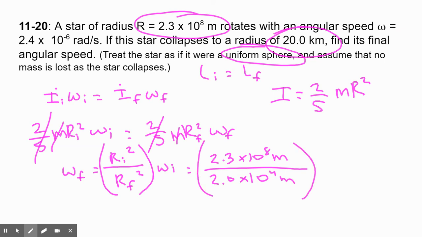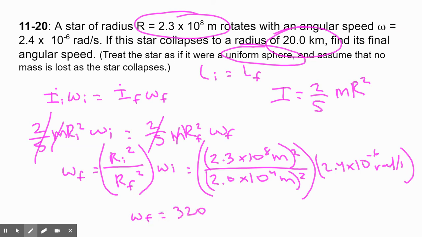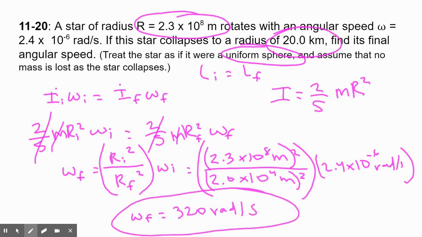Oh, I'm sorry. These are both squared. And then multiply it all by the speed, which was 2.4 times 10 to the negative 6 radians per second. And you should find that the final angular speed is 320 radians per second. And that's all we need for that problem.